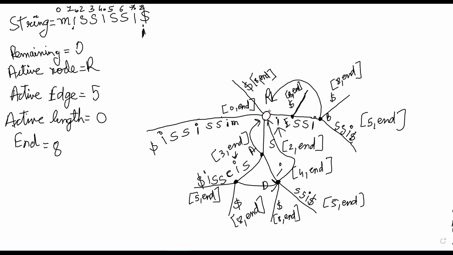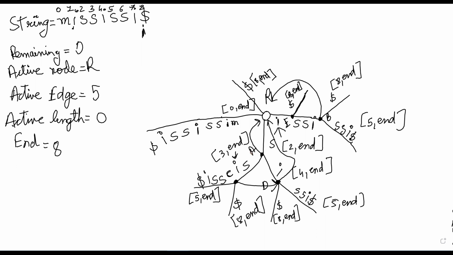If we go from root node and check the characters between root node and node C, we can see that SSI is what we are getting. So SSI is a 3-character repeating substring. And if we check from root node to node D, then SI. But as SSI is greater than SI, for now we consider SSI to be our longest.